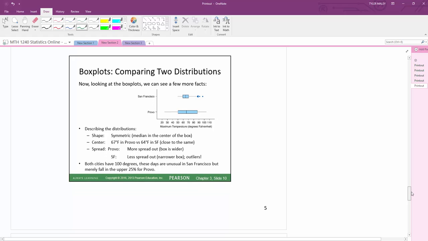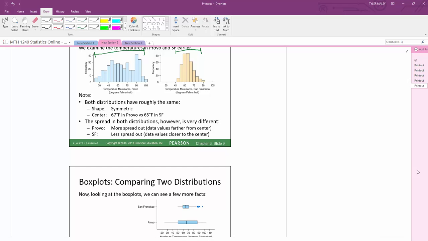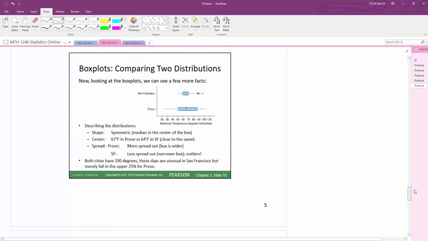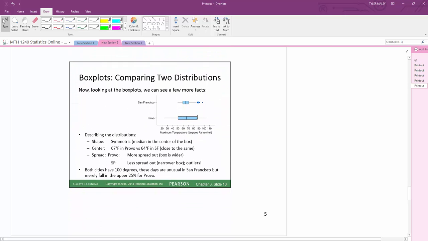So we can create a box plot to compare both side by side. I can do two box plots in the same graph to compare. Things that jump out to me, and I don't know if I pointed this out before, but remember, here this would be Q1. Let me draw a bigger line.